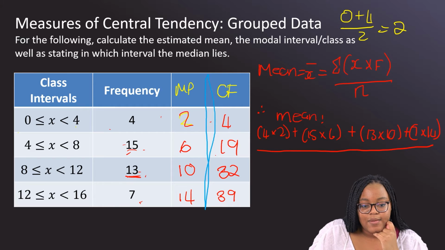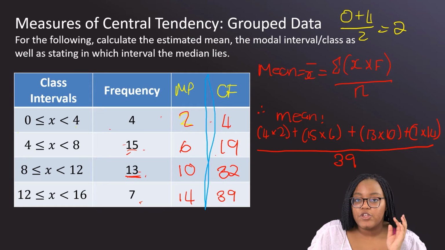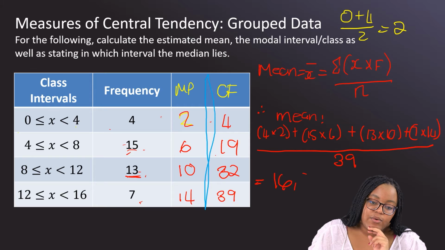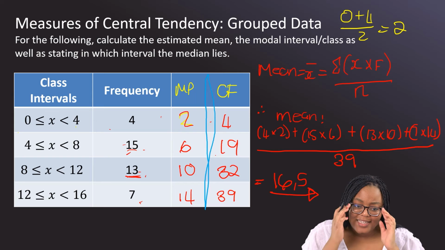All of that being divided by 39, the cumulative frequency of this data set. And that is going to give us an answer of 16.5. So that is the mean value of this data set.